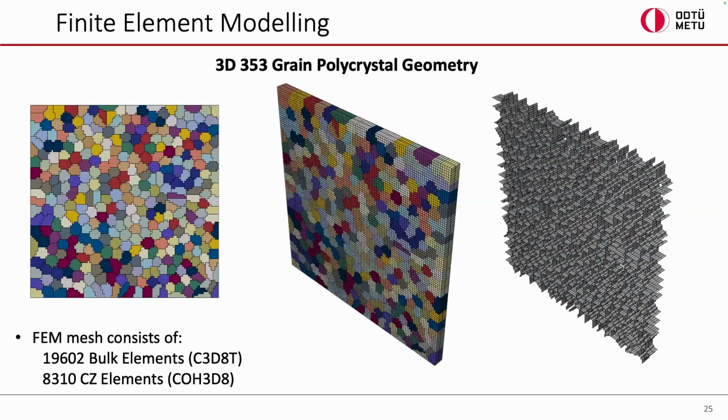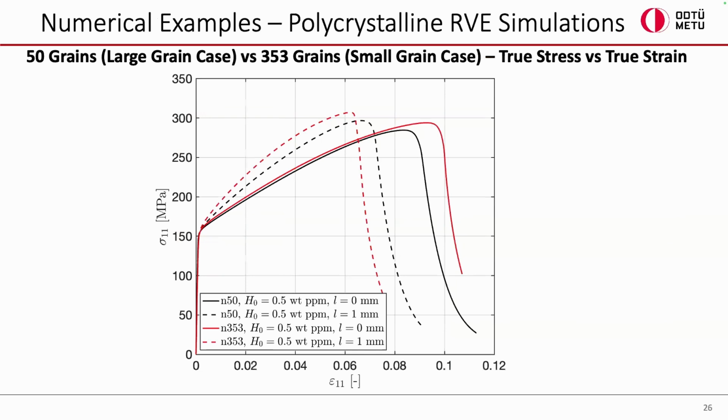And I just tried to compare the results with larger grain and smaller grain size. I increased the grain number to 350, with this mesh and the cohesive zone elements. The results are again compared based on the true stress and strain. As you can see, the straight lines belong to the local model, and the dashed lines belong to the non-local model.